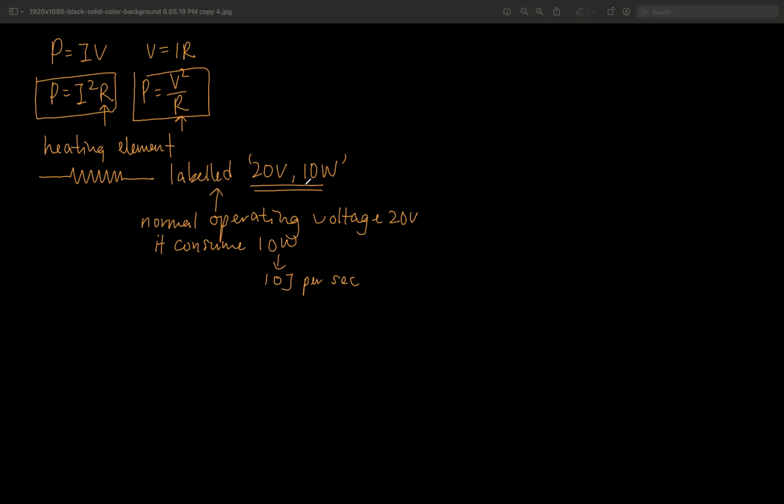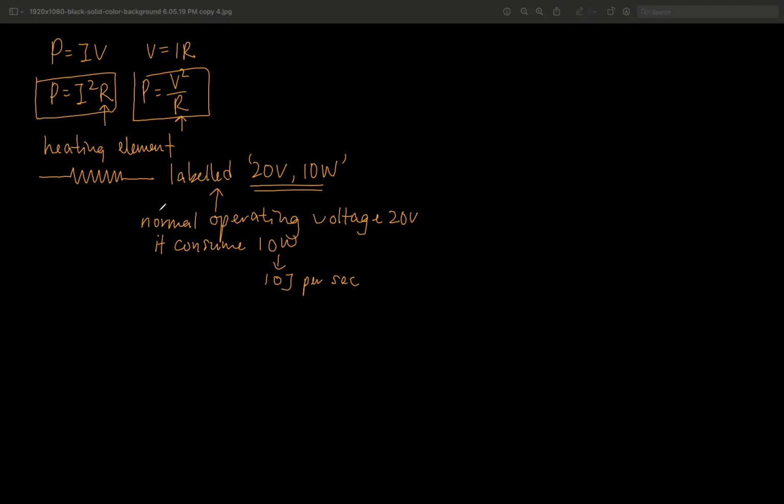This is what the label means. But if I give it other voltages, like 15 volt, not 20, then the power is no longer 10. This is only under normal conditions.